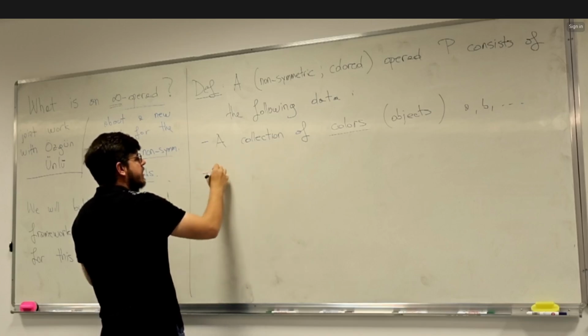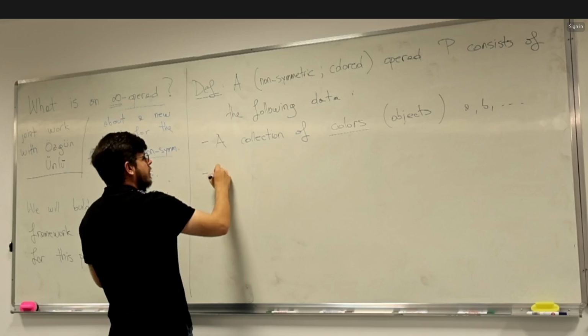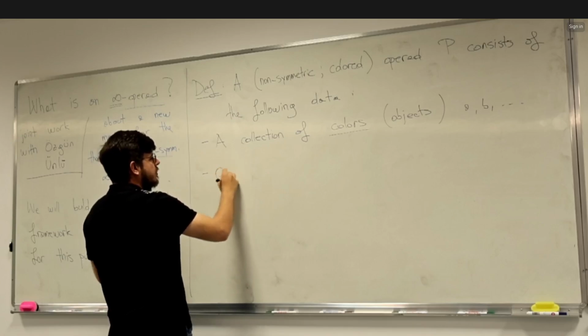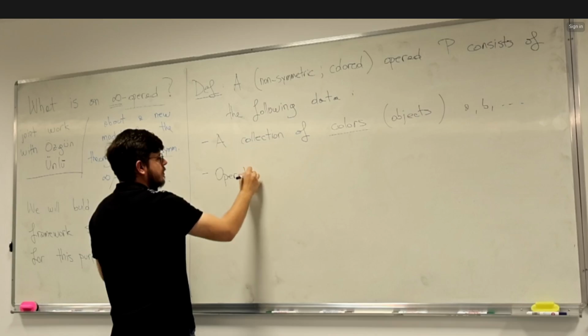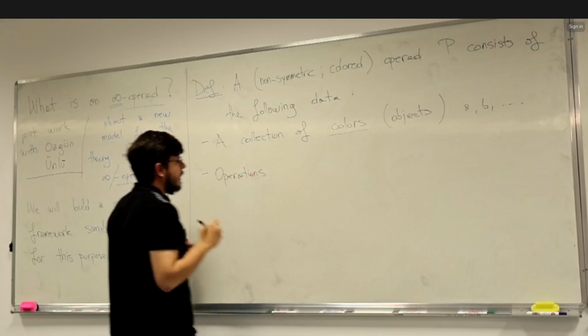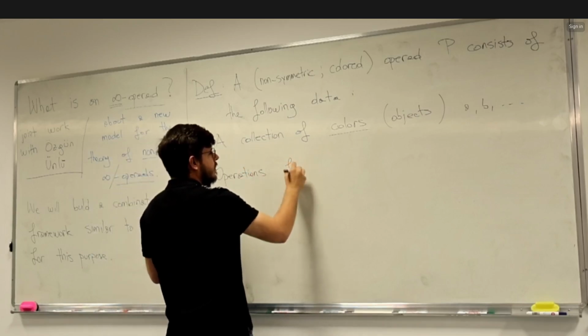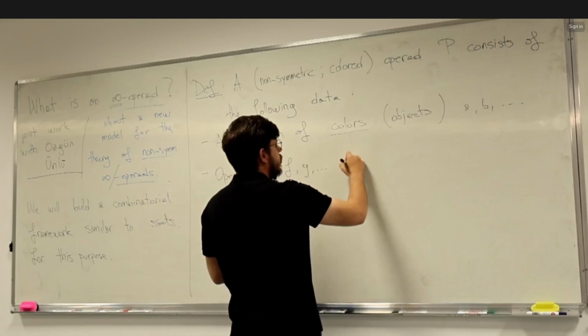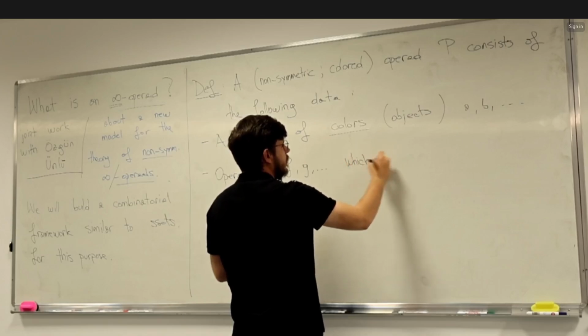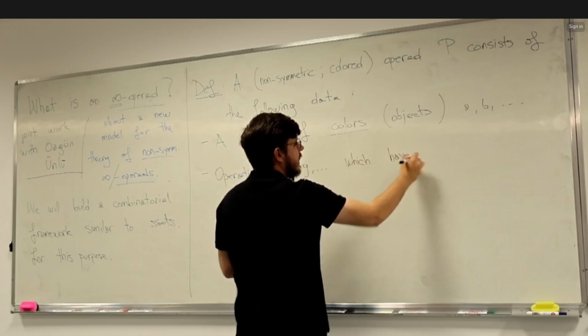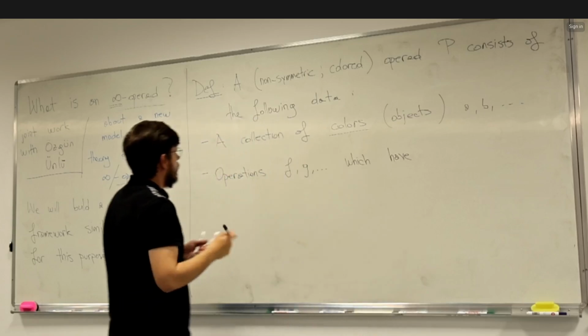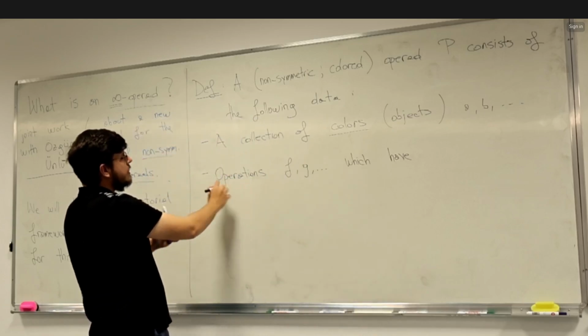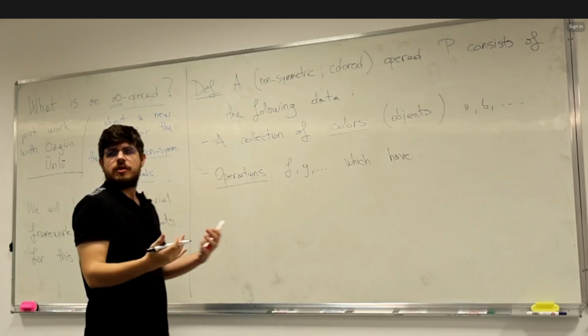The second piece of data is operations, say F, G, etc., which you can think of as sort of morphisms, okay?